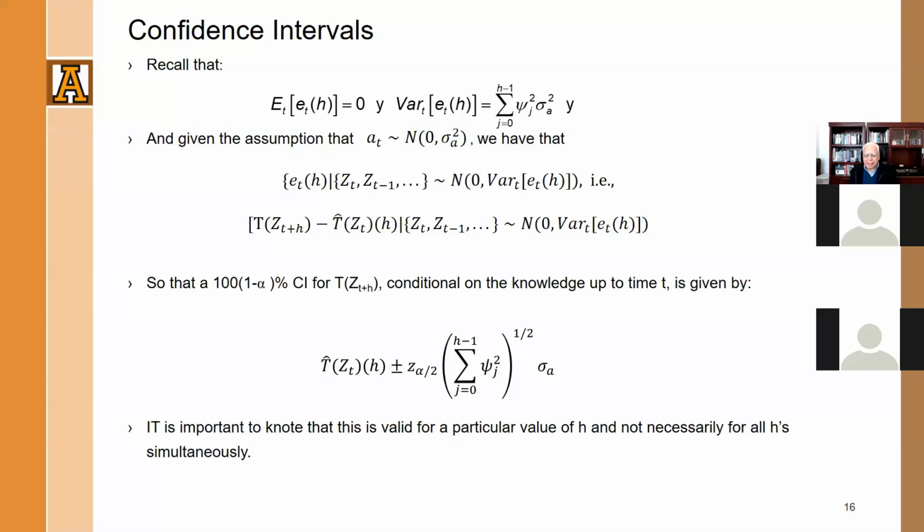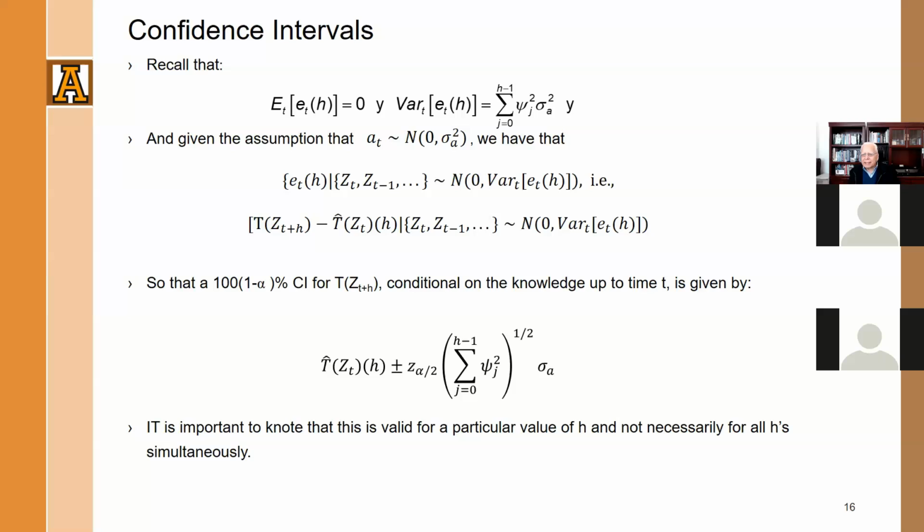The other thing that's important to note is that this is valid for a given value of h. If h is equal to 2, this is valid for h equals 2. If h is equal to 3, that's valid for h equals 3, and so on. It's not valid for a set of values of h.